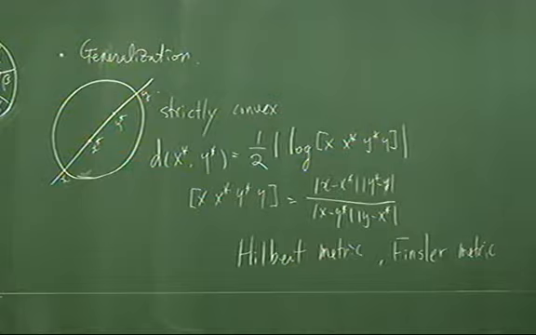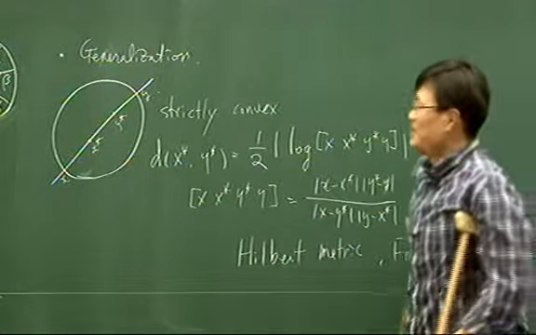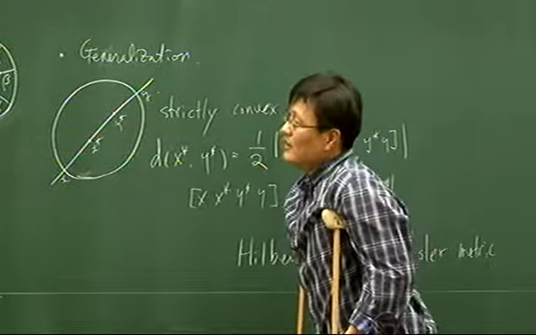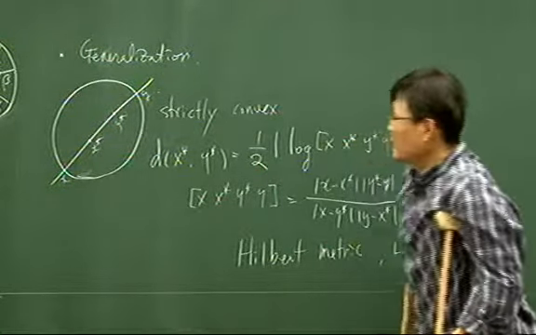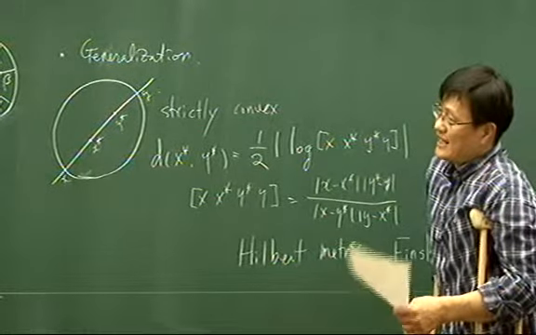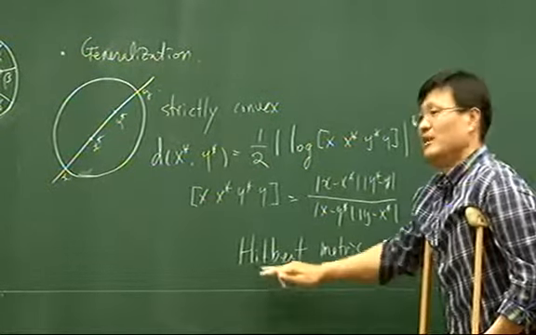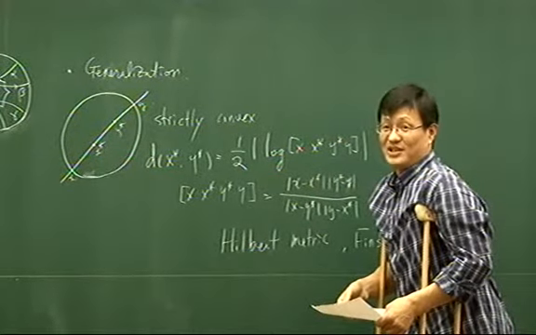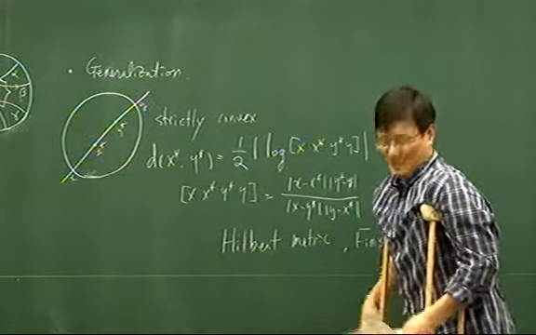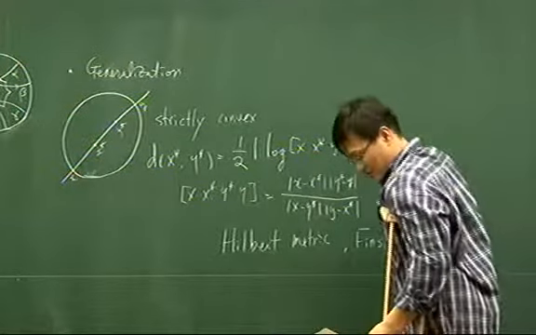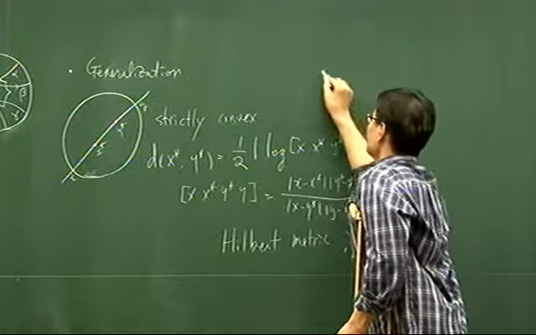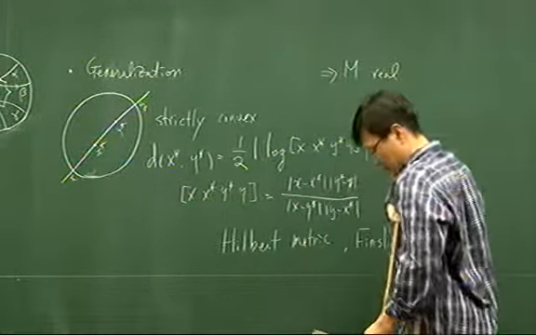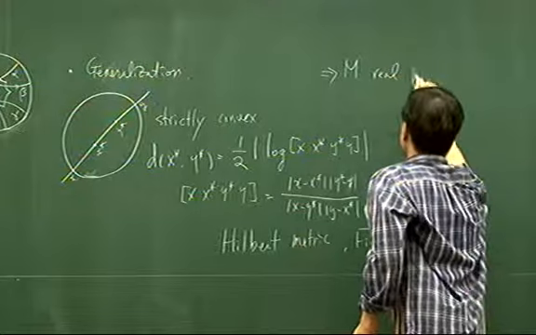So if the model space is some strictly convex domain on Rn, and if you take a group G as an isometry group of this Hilbert metric, then you have real projective structures. Okay? It's called real projective structures. So in this case, M is a real projective manifold.